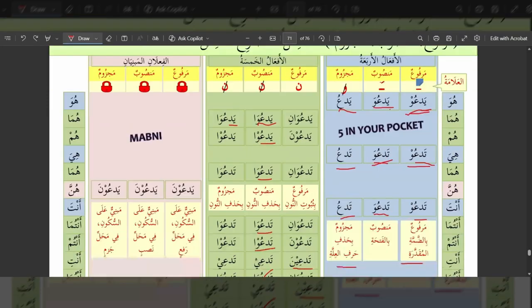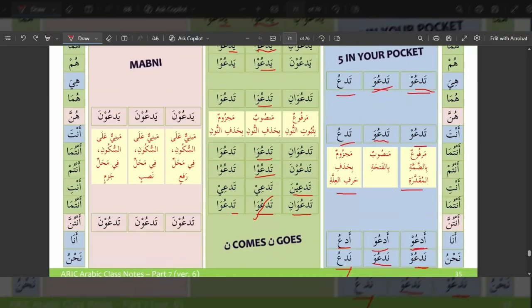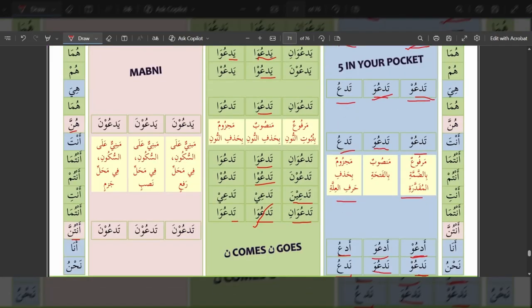Then when we go to al-fi'lan al-mabniyani, that is the 2 verbs which do not change, which are fixed, which is hunna and antunna. So these do not change no matter what form they take, mansoob, majroor, majzoom, or marfu. So it remains the same. We can see it's yad'una, yad'una, yad'una, tad'una, tad'una, tad'una.